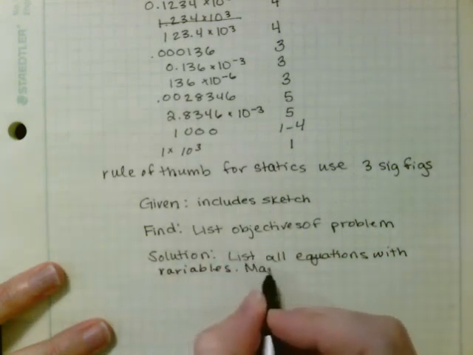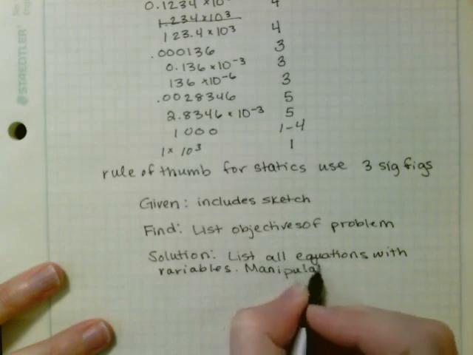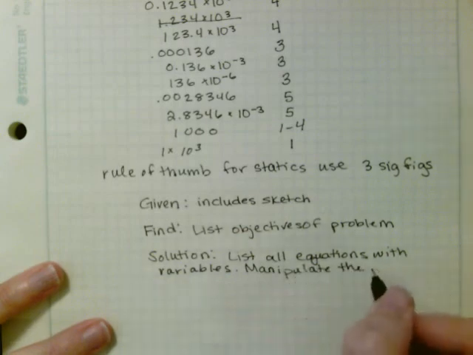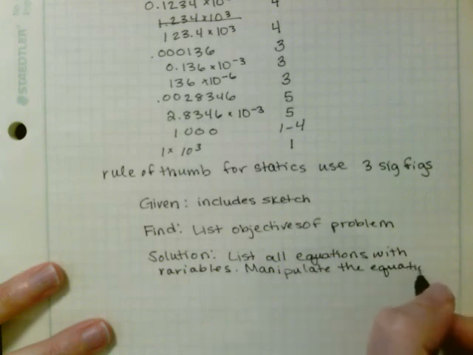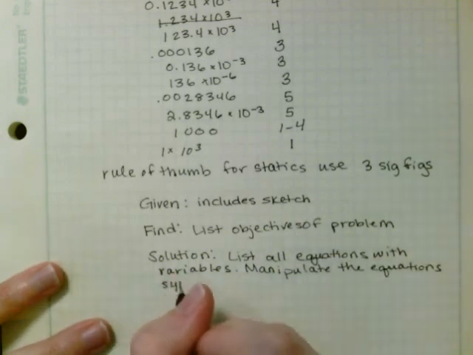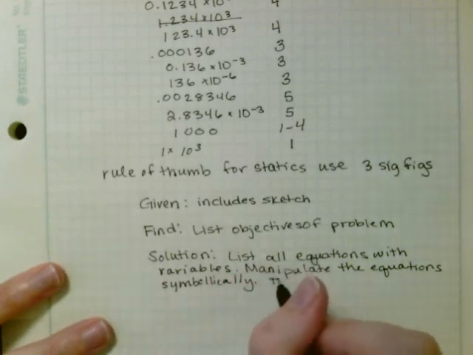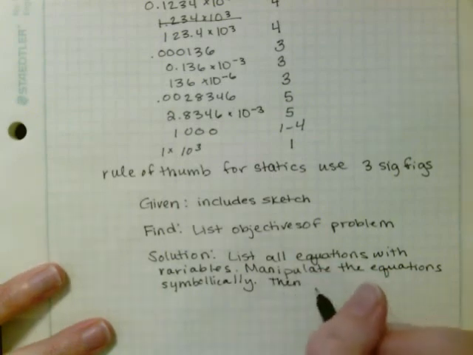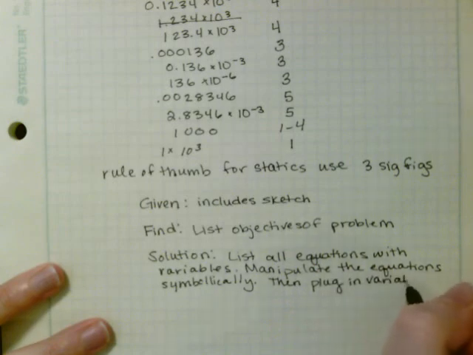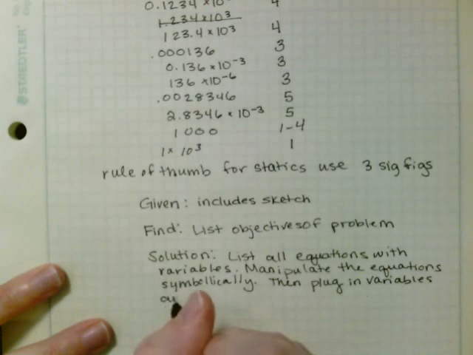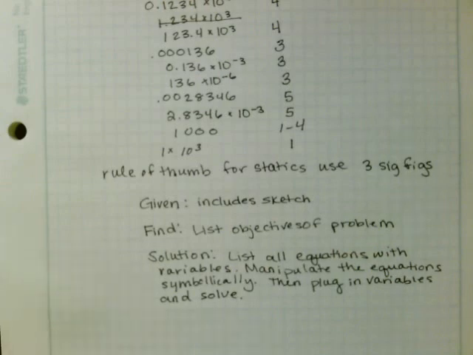Then you're going to want to manipulate the equation symbolically, aka don't put in your numbers yet. Then plug in your numbers and solve. So you will always see me do examples in this order. If you're ever confused as to what your homework should look like, they should look like my examples that I give you in class.